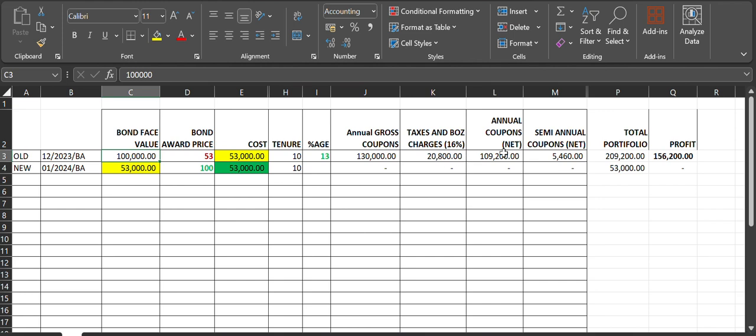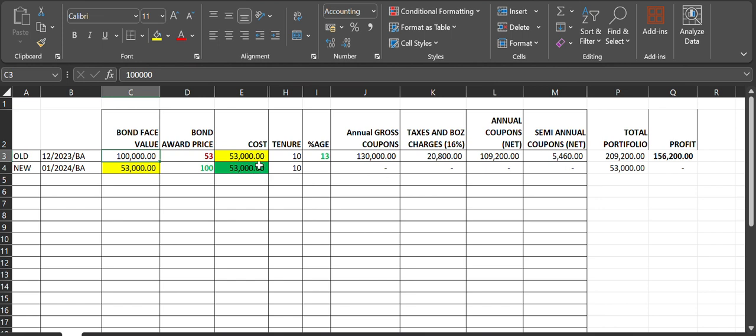You would get over the next 10 years a total of 109,200 in coupons only. These are paid every 6 months. So every 6 months you would get 5,460.